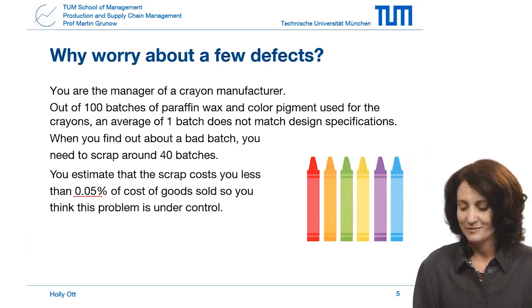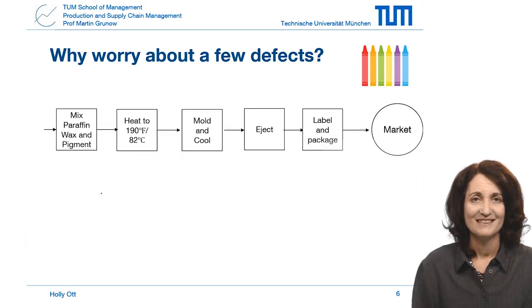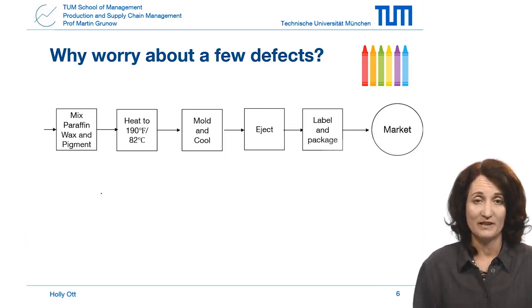Now, from a quality perspective, are there any flaws in your thinking? Let's look at this together. So here we see our crayon flow again. Now, a defect is produced somewhere in our process.